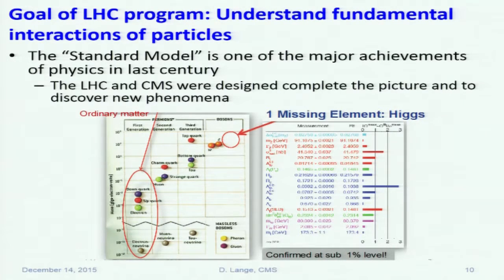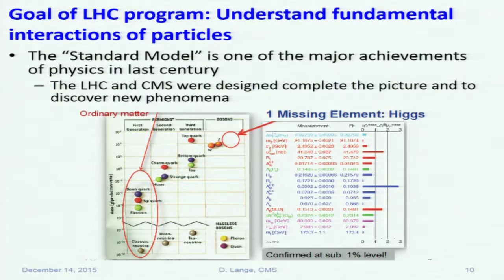So when CMS started, the so-called standard model of particle physics looked something like the diagram on the left, which, if you ask the theorists, has really one missing element, the so-called Higgs boson, which had been predicted long ago, but had not been experimentally observed.